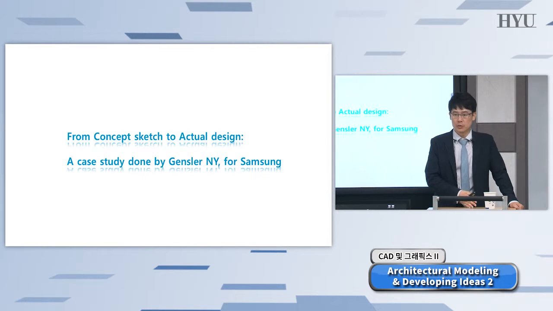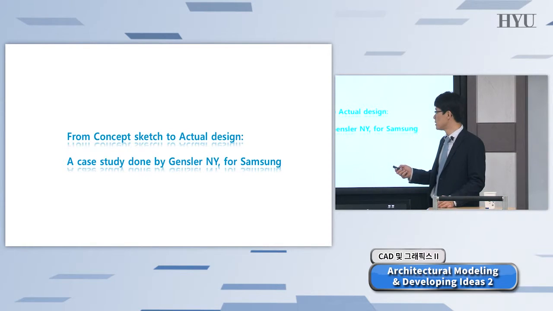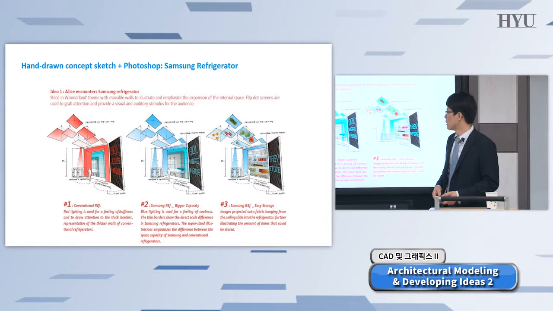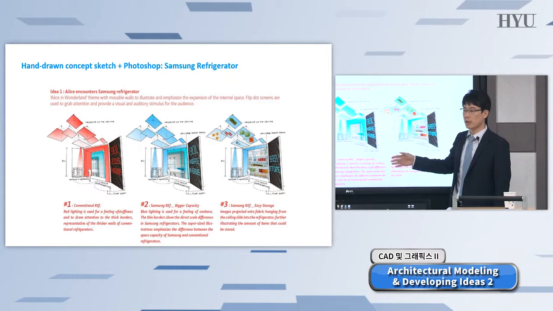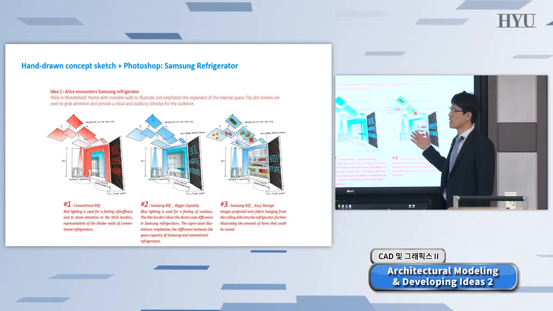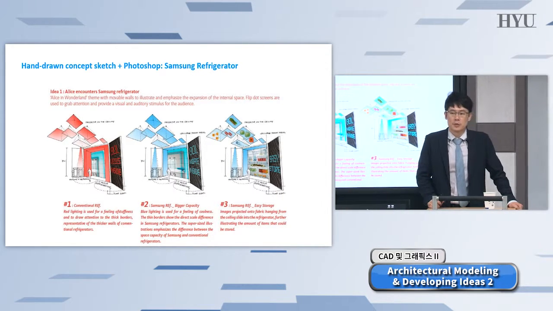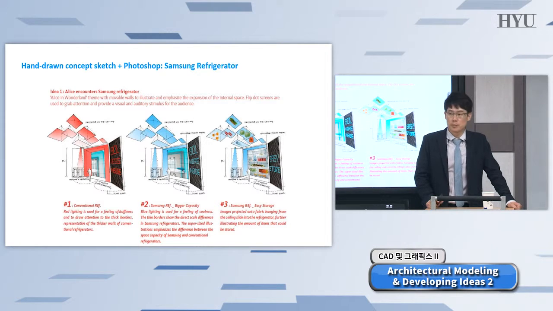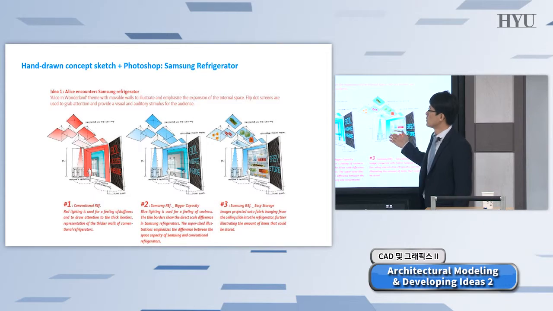From idea to actualization in the real world using some digital tools. Digital tool here actually means this kind of series of diagrams. Actually, the sketch was done by freehand drawing, okay? This freehand drawing was scanned by scanners or taken by digital camera and edited in digital tools, at this time it's Photoshop, okay?